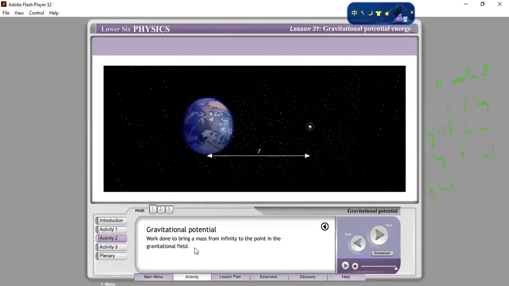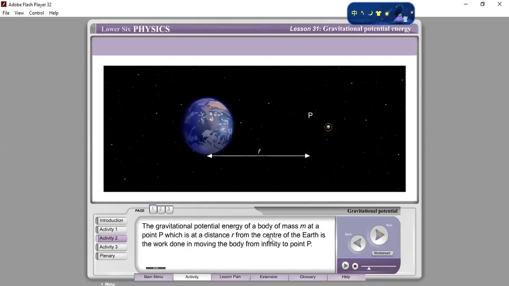The gravitational potential energy of a body of mass m at a point P, which is at a distance r from the center of the Earth, is the work done in moving the body from infinity to point P. It looks almost the same, right? But actually it's like that.